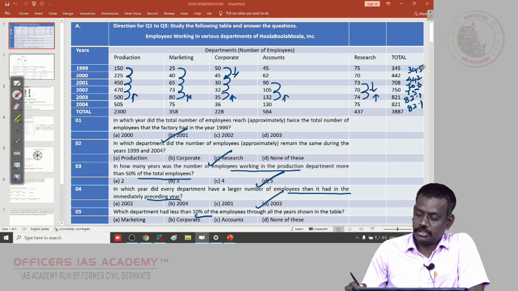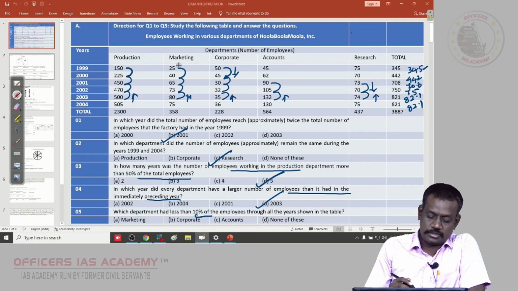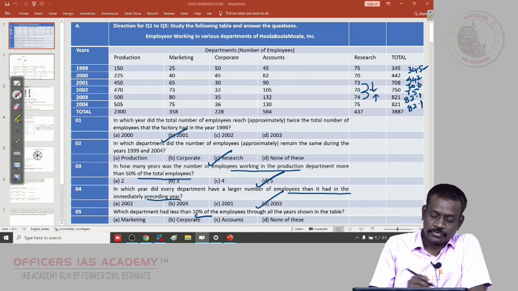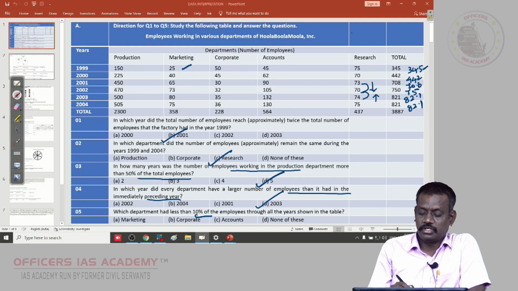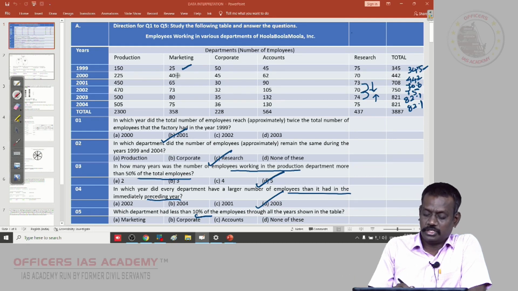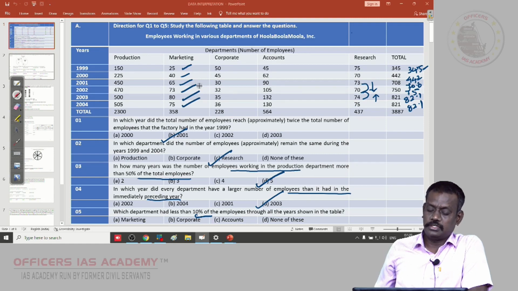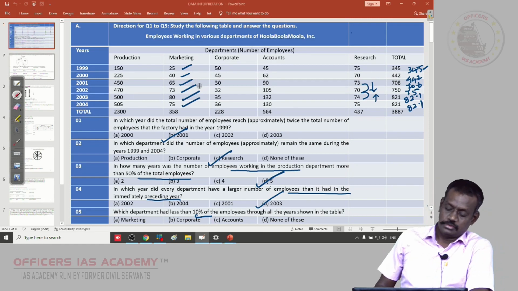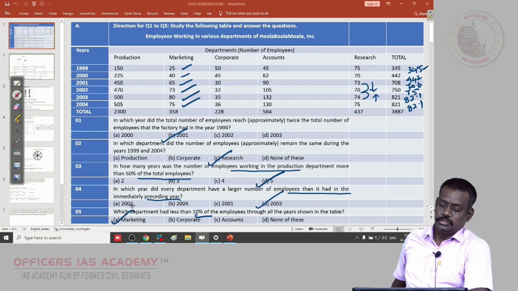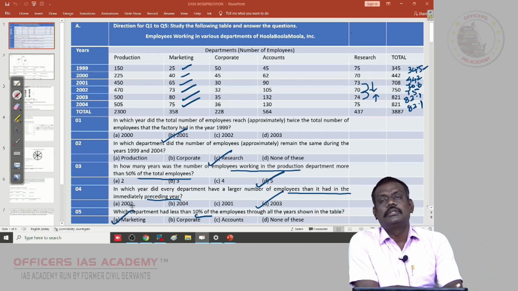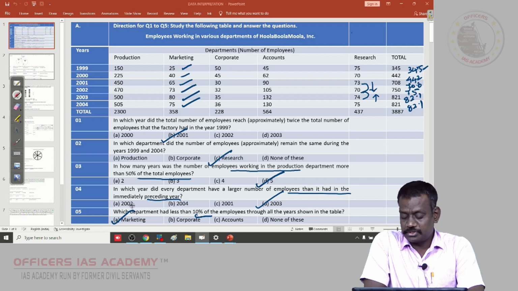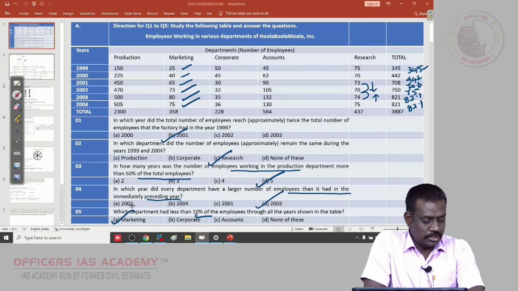Now check, here 34.5 means lesser, I think it will be marketing, because 25 is less than 34.5, 40 is less than 44.2, 65 is less than 70.8, 73 is less than 75, 80 is less than 82.1, and 75 is also less than 82.1. Okay. So in marketing, all the values are less than 10% of the total number of employees.